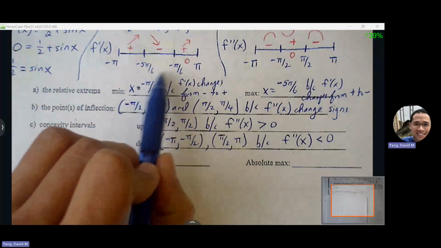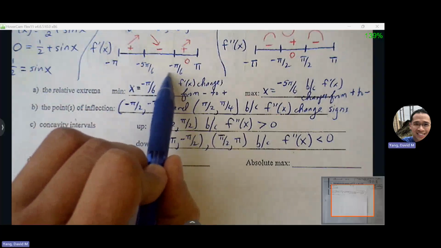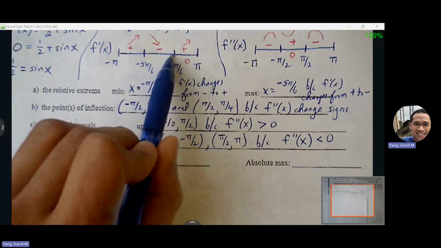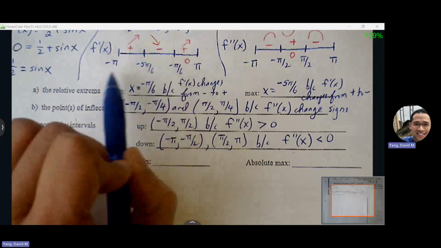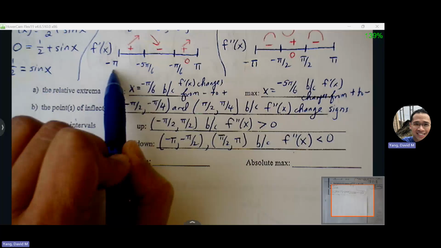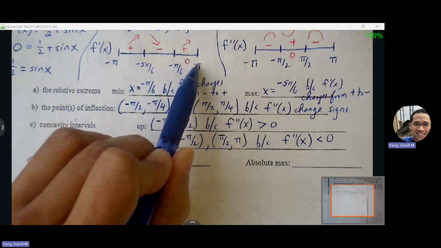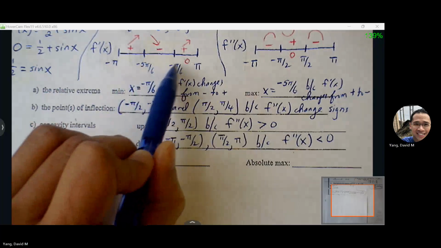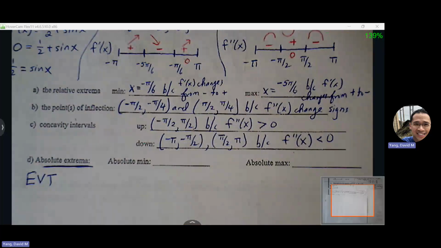Right? We are going to consider our critical points because these do end up being max and min. So we're going to find the location at each of these x values into the original function and compare their y values.